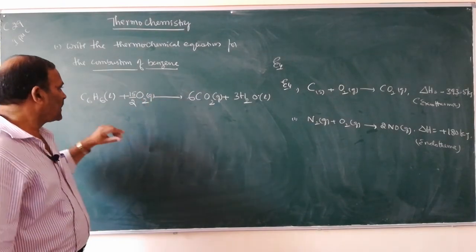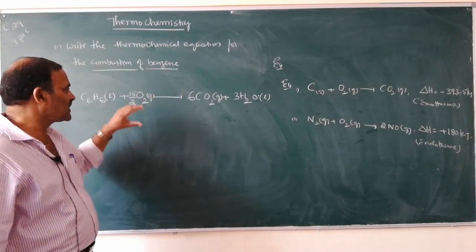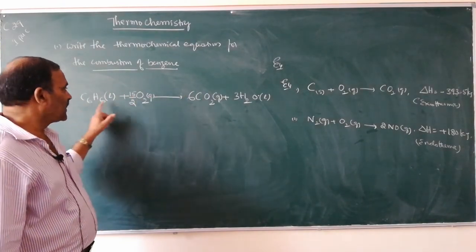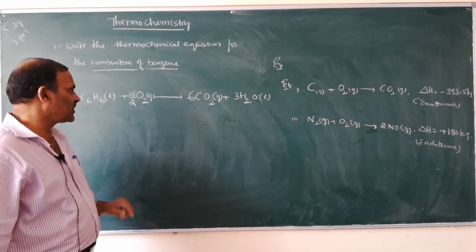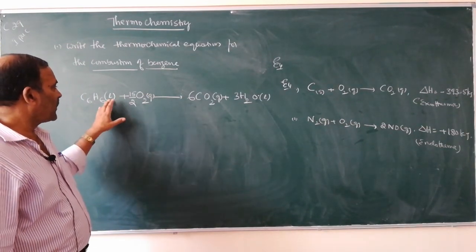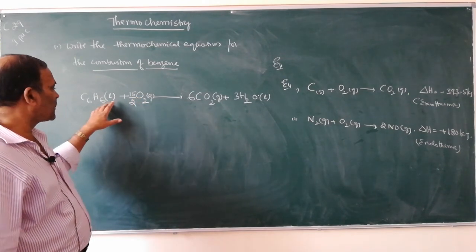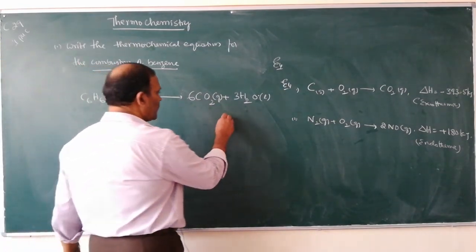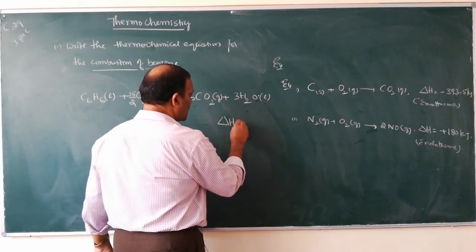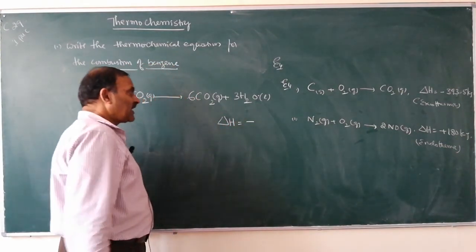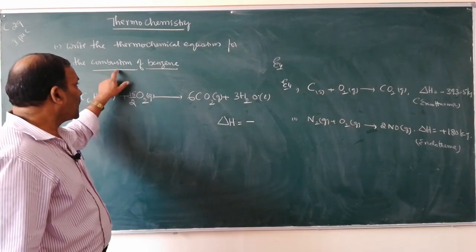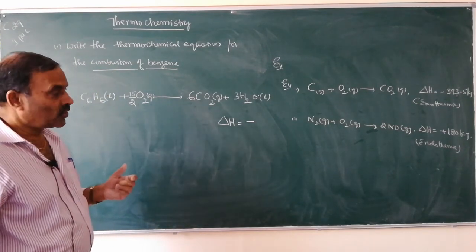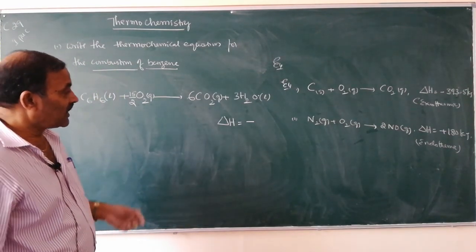Carbon atoms are balanced, hydrogen atoms are balanced, oxygen atoms are balanced. Therefore, it is a balanced chemical equation. And then we have mentioned the physical states of reactants and products. And you have to mention delta H. Delta H is negative because during combustion of any compound, heat will be liberated.